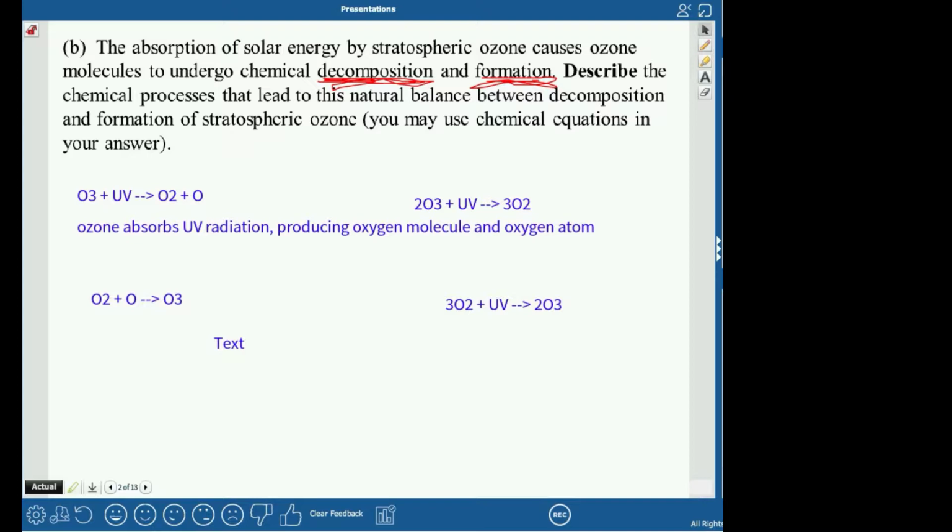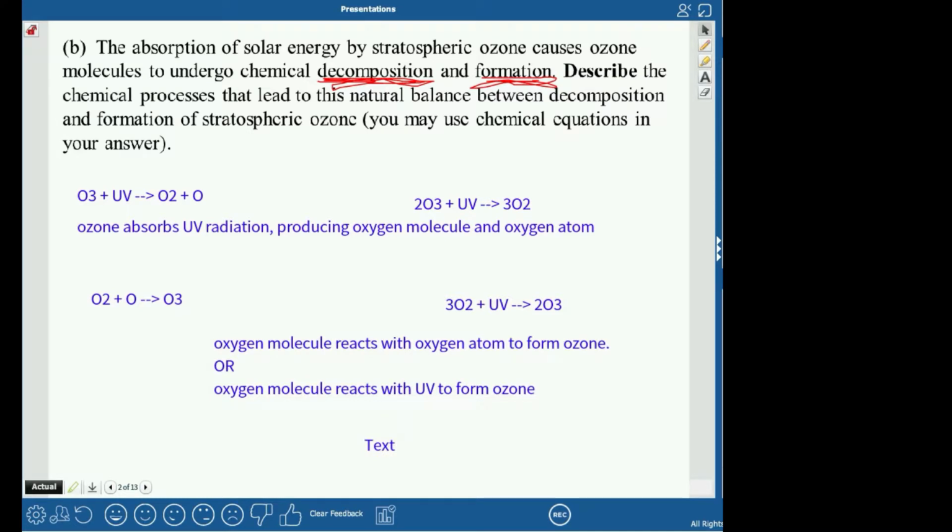Or you can say that an oxygen molecule reacts with UV to form ozone. Okay, so you can kind of do it either way. They actually even allow this.